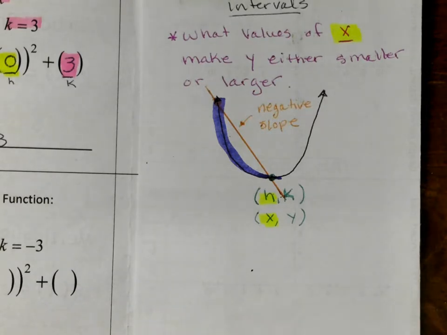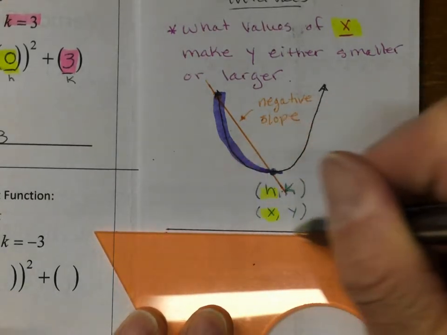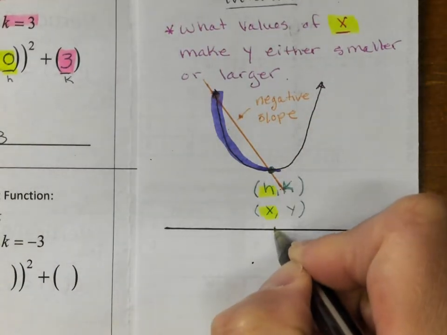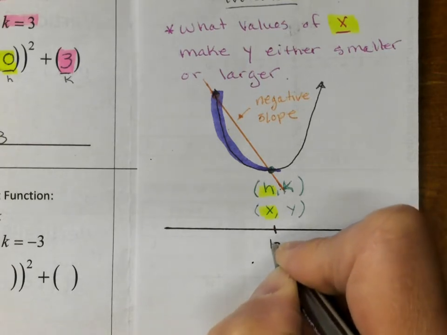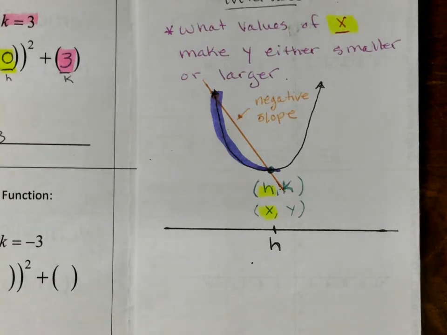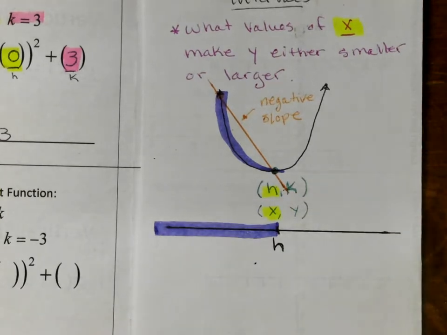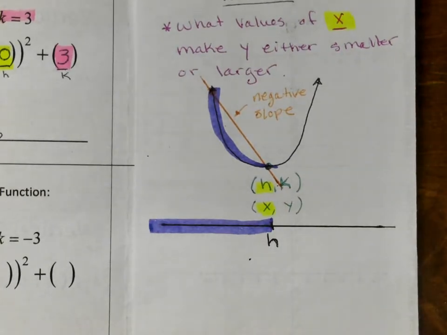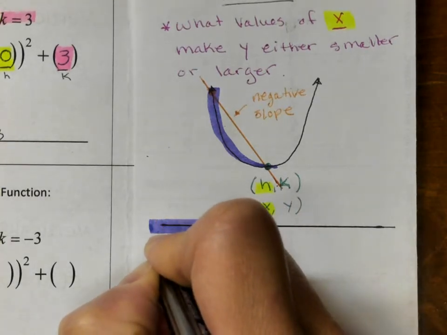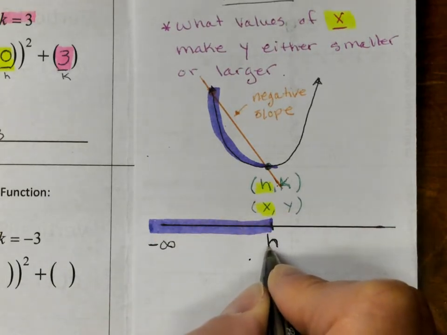So if I'm looking at my x-axis, remember I don't care where that parabola is according to my x-axis. Right here is that h value, whatever that vertex x value is, which means every number on that side makes my y smaller, going from left to right. So this here is negative infinity all the way to whatever that vertex value is.